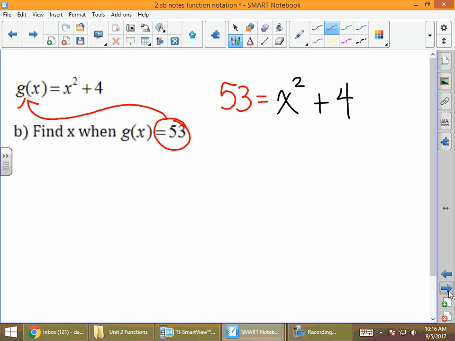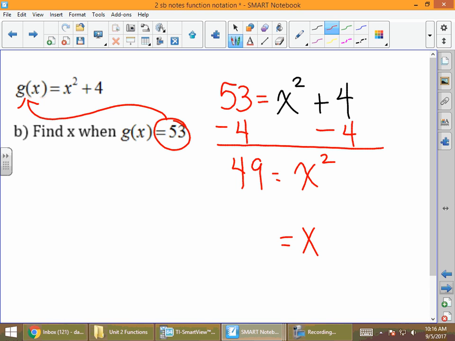When we solve this, we want to isolate our x, so we're going to subtract 4 from both sides. 53 minus 4 is 49 equals x squared. And what we're looking for is what number times itself equals 49. So you might be able to get it that way.